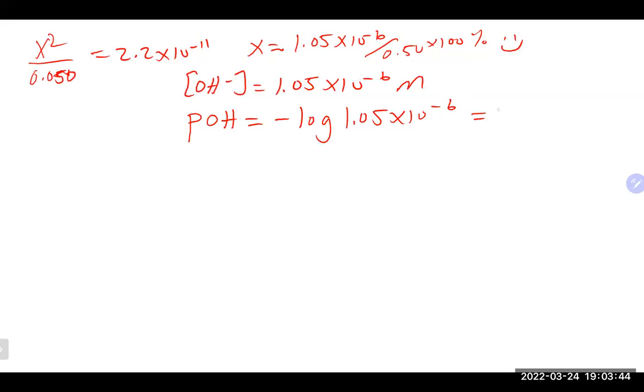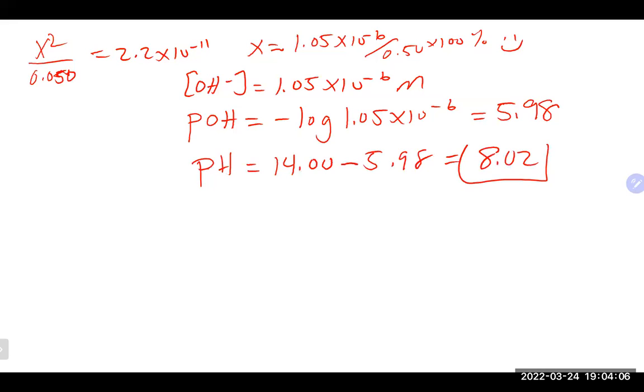That's going to give us a POH of 5.98. And again here, if you thought for some reason that was your pH, it should not make sense to you because we've already established that the pH should be basic. So you want to make sure that you actually are calculating the pH here, which would be 14 minus the 5.98, giving us a nice 8.02, which is definitely basic at this point.